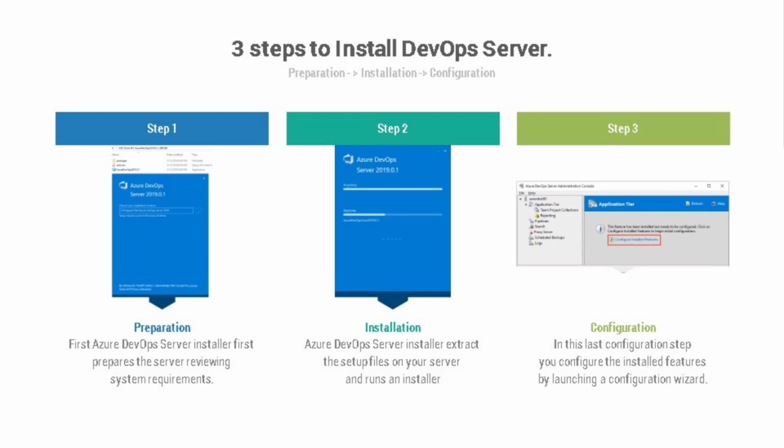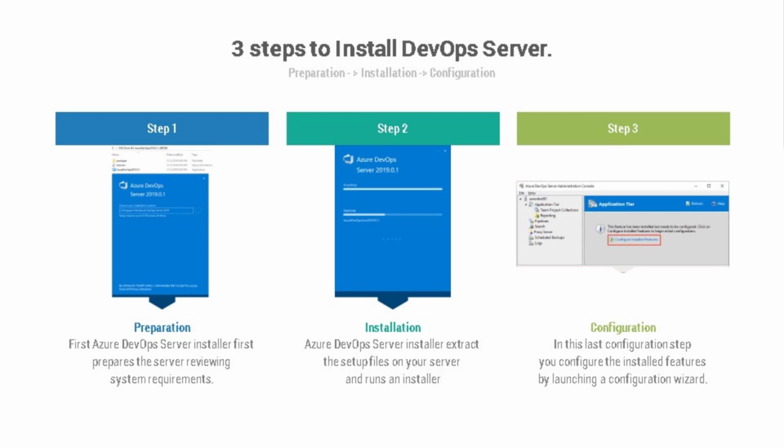This wizard runs and does some checks to make sure that your system meets the requirements and your selected configurations are likely to work. If there are any issues, warnings or error messages will be displayed that you will need to resolve. Otherwise, it finishes setting up Azure DevOps Server.